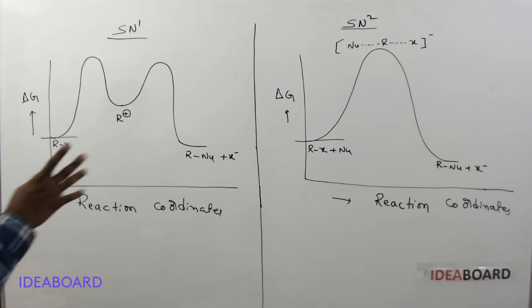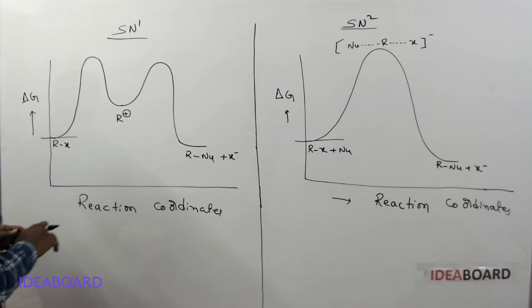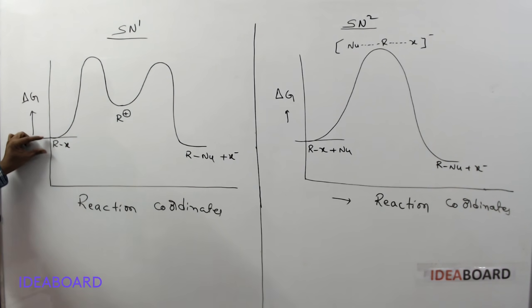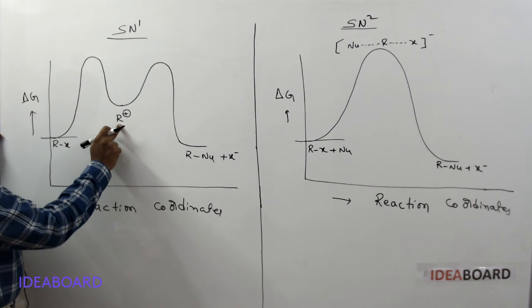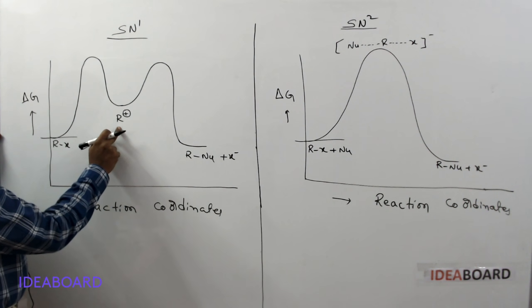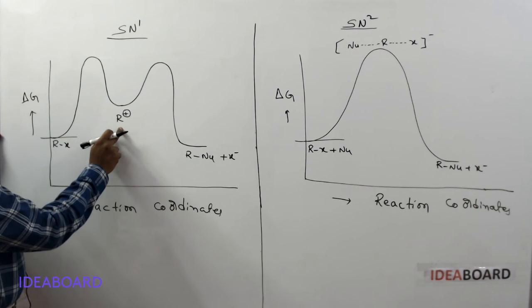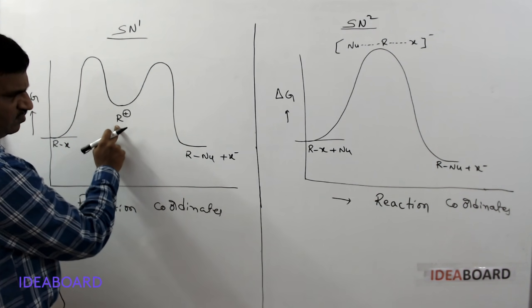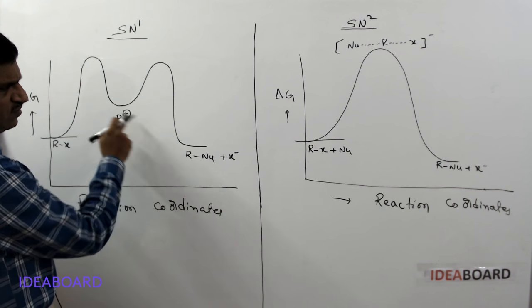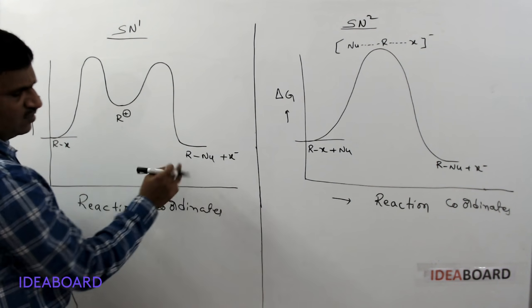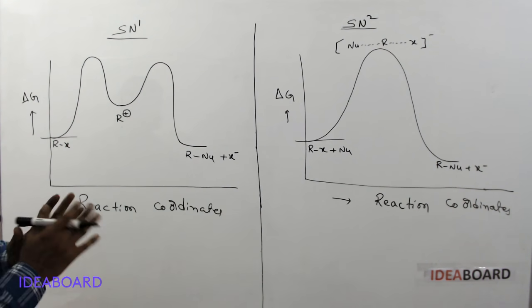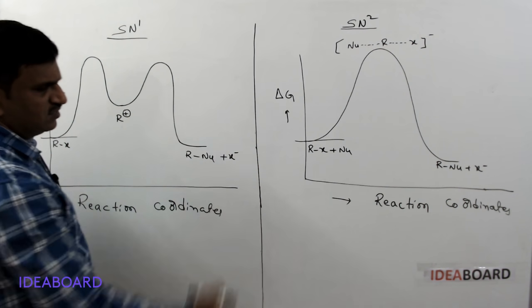First we take the reactant, the alkyl halide, and this alkyl halide converts in the first step into the reaction intermediate, the carbocation. The reaction intermediate carbocation further reacts with the nucleophile, and the nucleophile product is formed plus X minus.